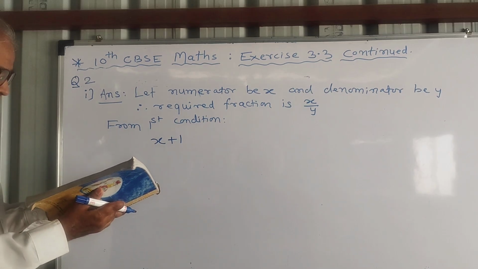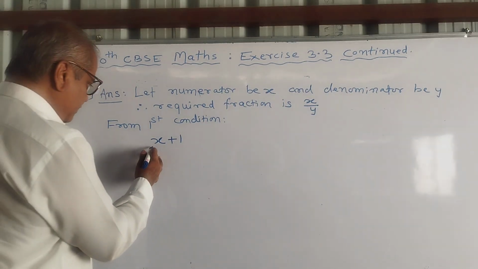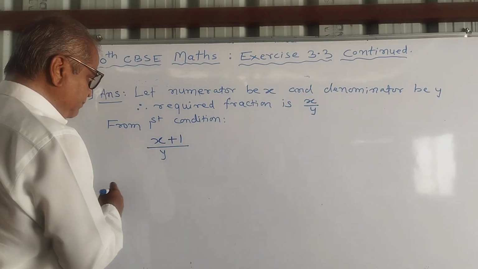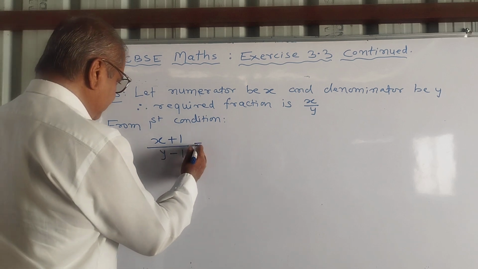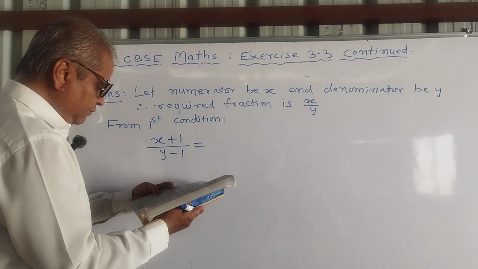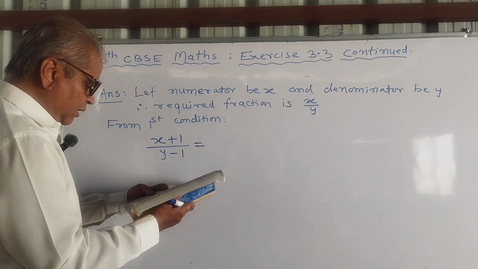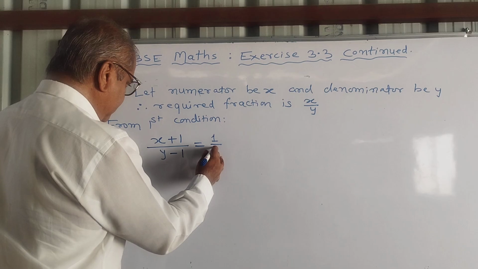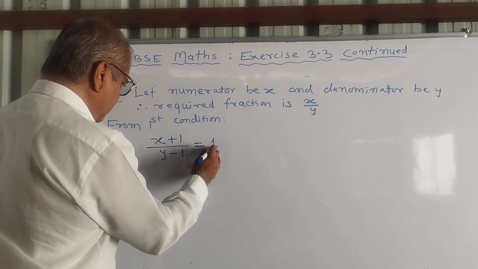If you add 1 to the numerator and subtract 1 from the denominator, the original denominator is y, and if you subtract 1, then it will be y minus 1. Then the fraction reduces to 1, that is 1 upon 1, or only 1. You can write only 1.